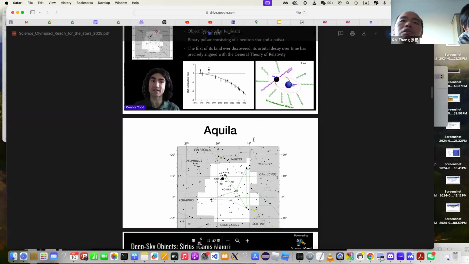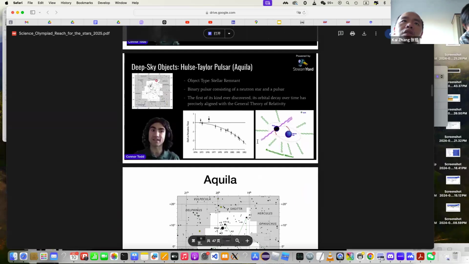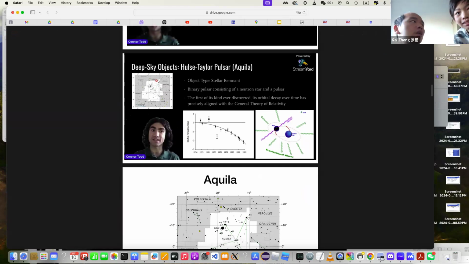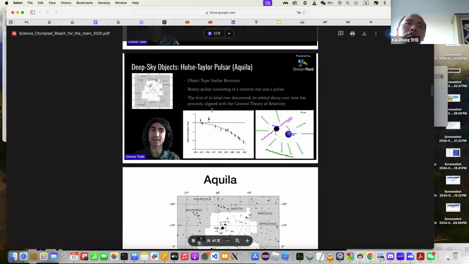How do you find the pulsar? Do you remember what telescope they used to find the Hulse-Taylor pulsar? I think it emits some X-rays, no, gamma rays, no, infrared. Oh, no, radio. It's radio. Yeah, radio. In radio it's very bright.